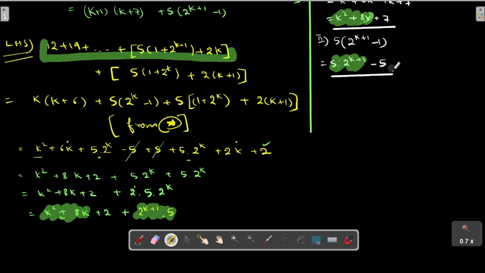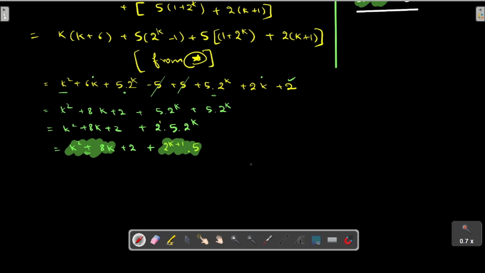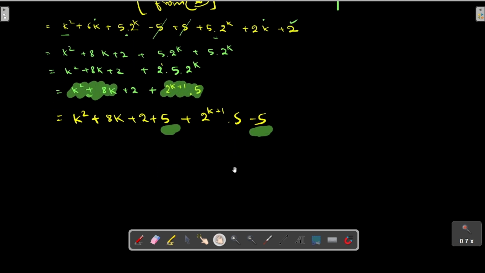Now we just need to adjust this negative 5 and 7. So I'm going to add and subtract 5. So this gives you k square plus 8k plus 2 plus 5 plus 2 to the power of k plus 1 times 5 minus 5. So here the 5 is getting added, and here the 5 is getting subtracted. Now let's handle it further.